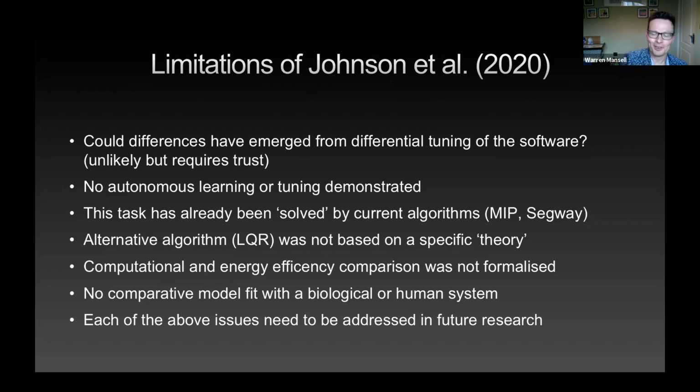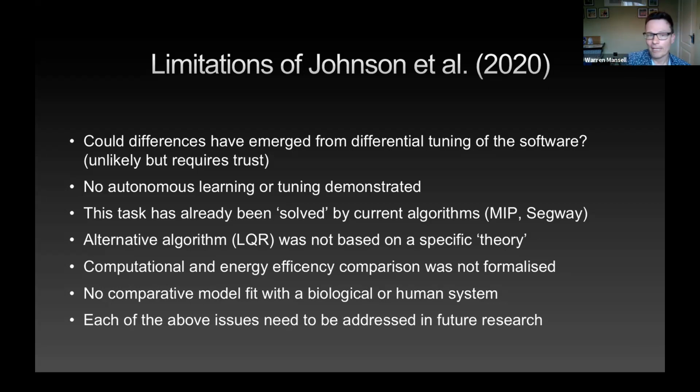Now, because I know the PhD student who did this, and he was working for days to tune both of them, I know that's not what happened, but it's very hard to make that claim without documenting the tuning process. And I think ideally, if the PCT system could be self-tuning through reorganisation, then that would stand much more. Or if we had a way of verifying that tuning process.